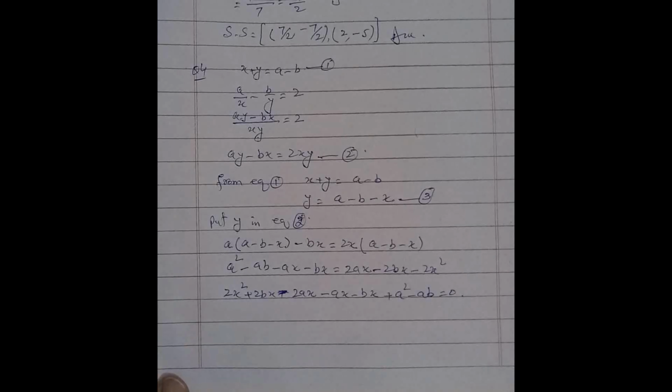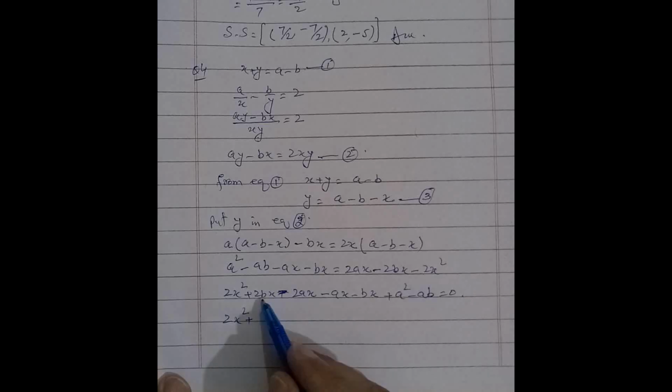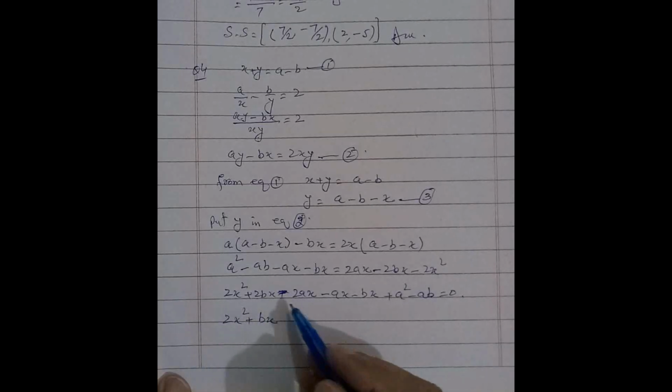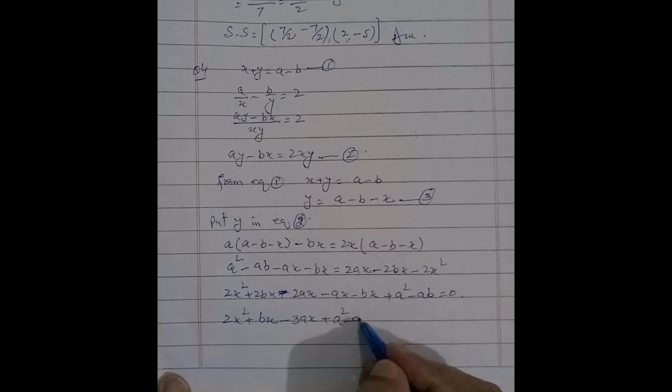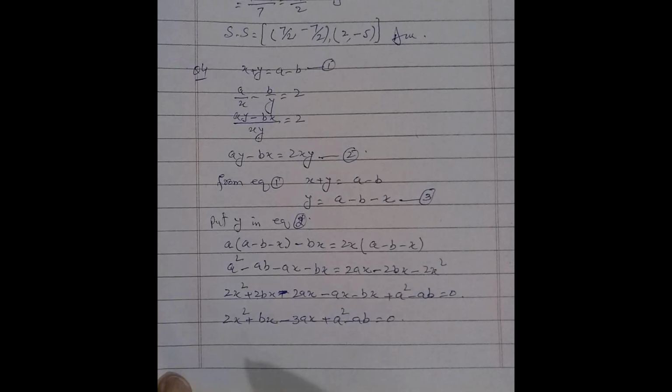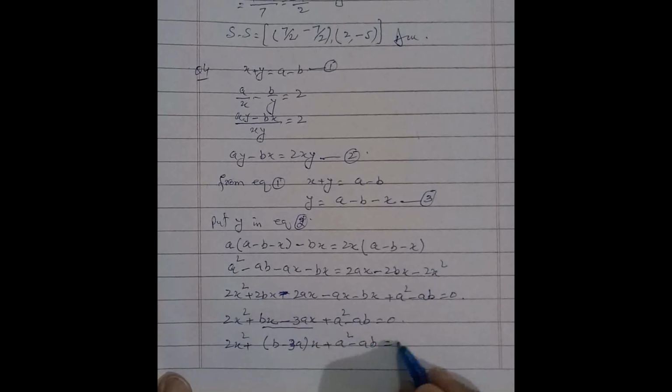And then again we simplify these values, we get 2x² plus bx, minus 3ax, and the last value is a² minus ab is equal to 0. And then 2x² plus, we take x common, (b minus 3a) into x plus a² minus ab is equal to 0.